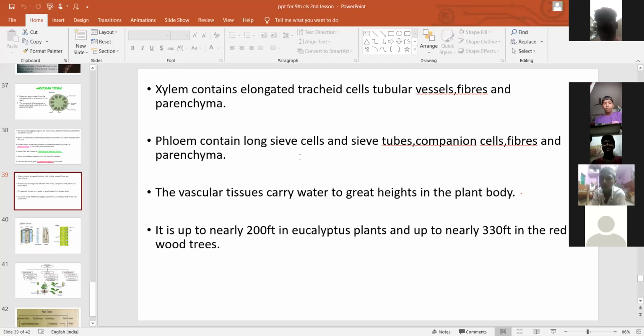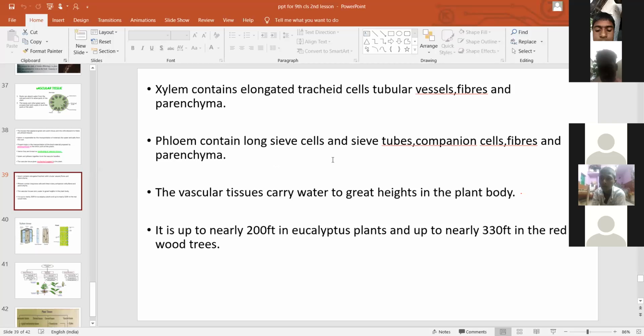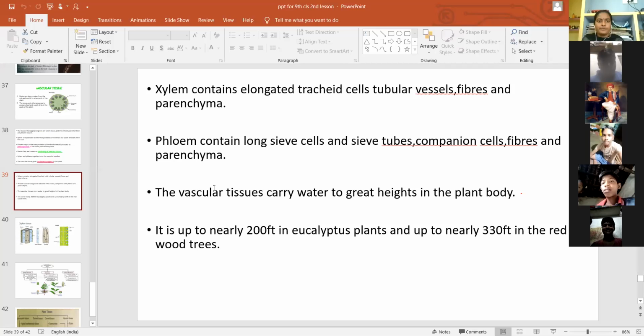In the last lesson, we learned that sieve tube cells do not have a nucleus or a nuclear membrane. We know that the phloem contains long sieve tubes, companion cells, fibrous cells and parenchyma.